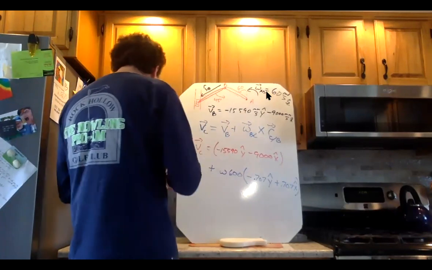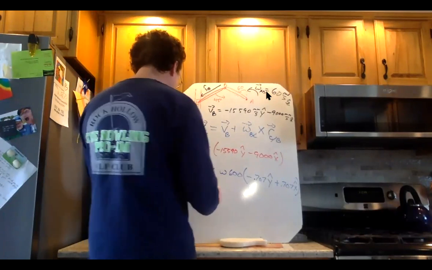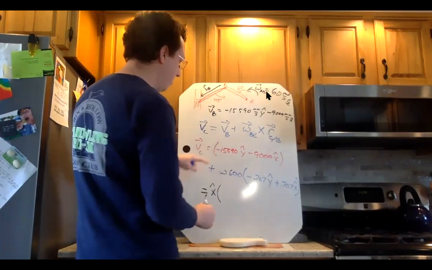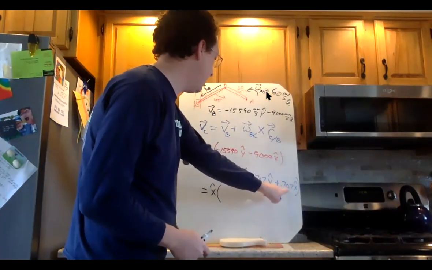Okay, now to add them together, I'm going to regroup. So the x hat piece is going to be this and this.